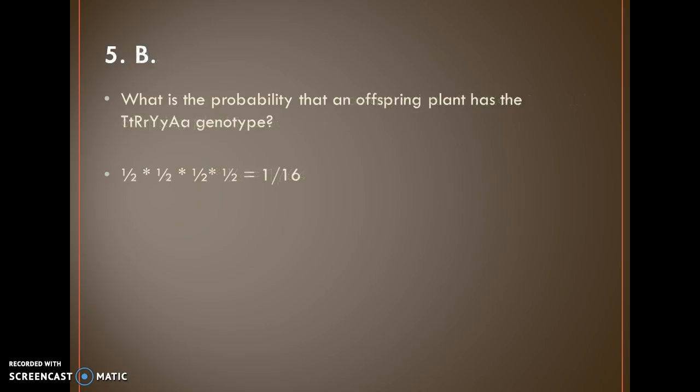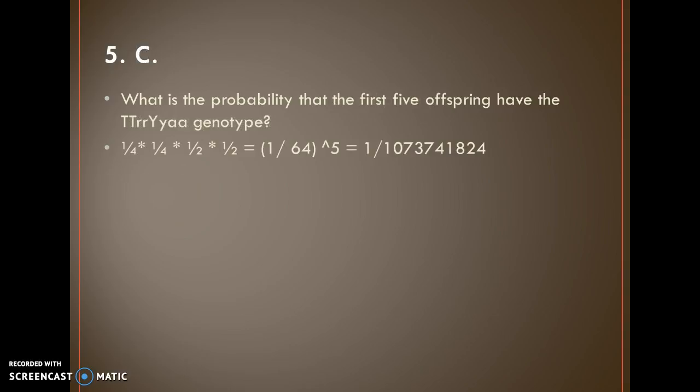5b. What is the probability that an offspring plant has the big T, little t, big R, little r, and big Y, big A, little a genotype, or heterozygous for all of them? We pick it all out, and it's 1/16. 5c. What's the probability that the first 5 offspring have that genotype?